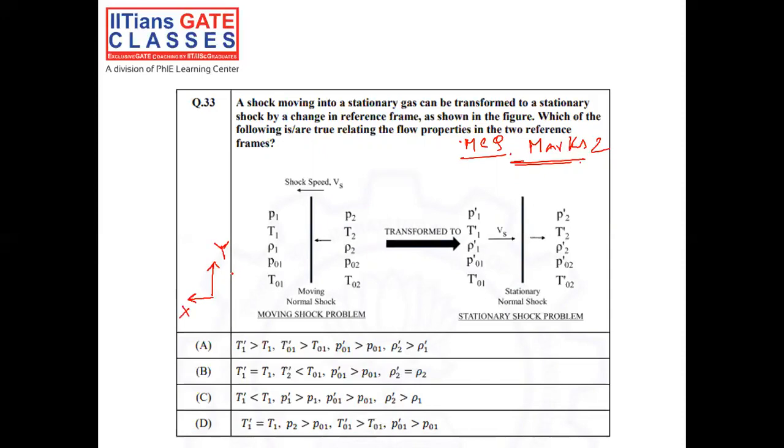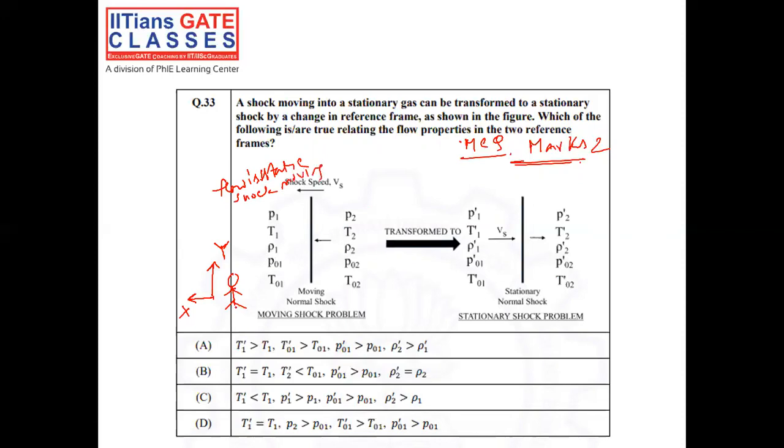And if we consider an observer standing on the stationary coordinate system, it will see that the shock is moving at a velocity Vs inside the flow, and the flow is static, right? So here the flow is static and shock is moving.